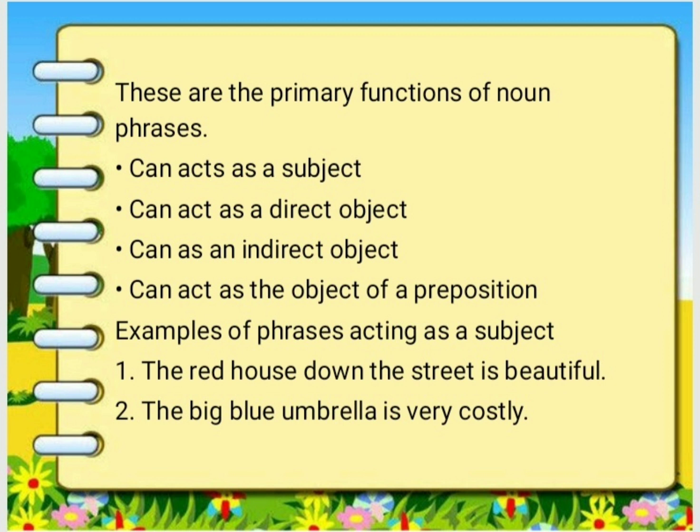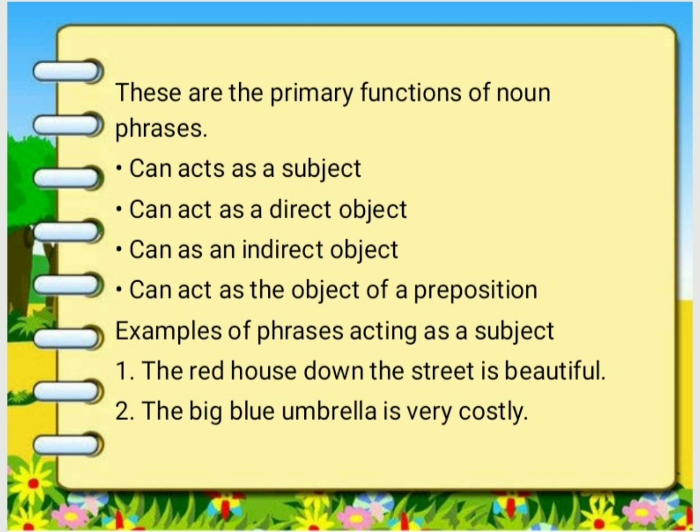In the number one example, the red house is our noun phrase. The word red modifies, or describes, our noun house. At the same time, the red house is acting as the subject of that given sentence. In number two, the big blue umbrella is very costly.